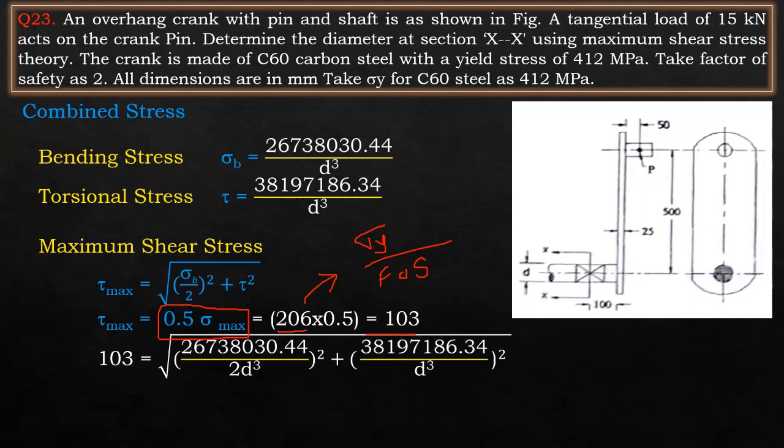We will be using 103 megapascals in this equation, and also substituting the values of sigma b and tau to determine the diameter. So by using the maximum shear stress equation, the diameter of the rod obtained is 73.24 mm. So considering both the values as per maximum shear stress theory and maximum normal stress theory, the maximum diameter of 73.24 mm will be selected for the crank.